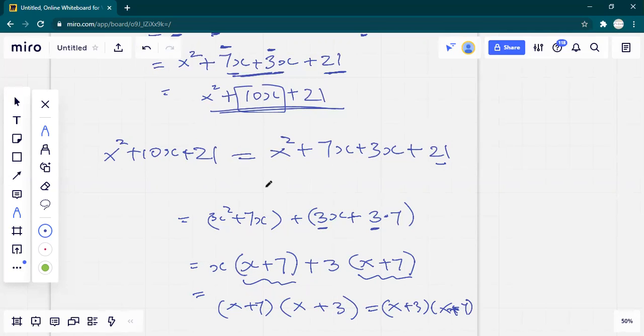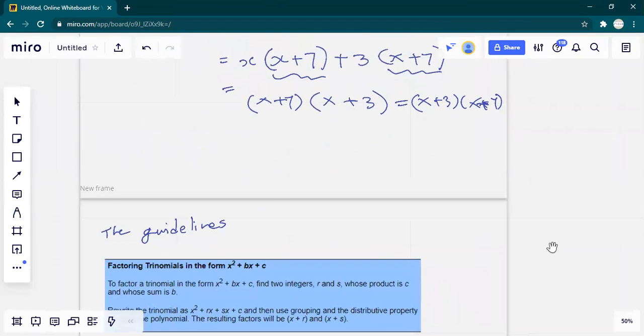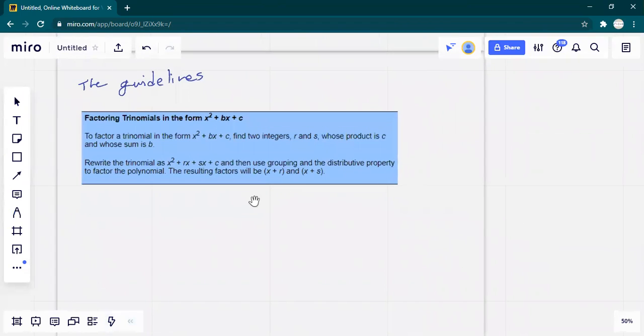So let's summarize these observations as a guideline. Here is the guideline for reversing the multiplication process to factorize a trinomial of the form x squared plus bx plus c.